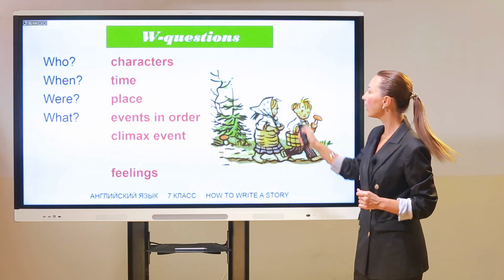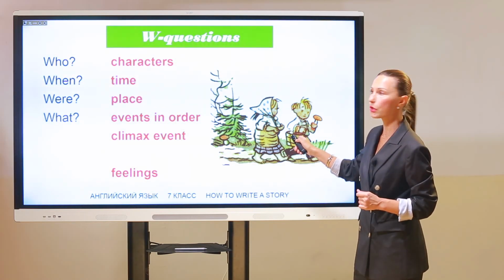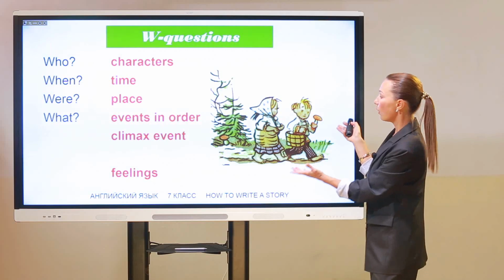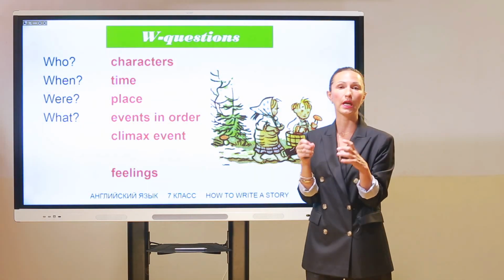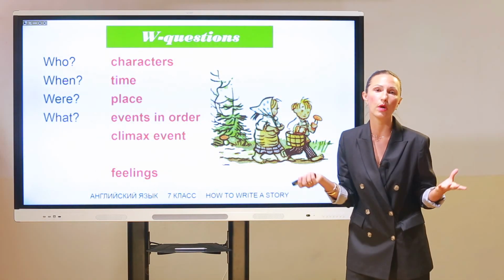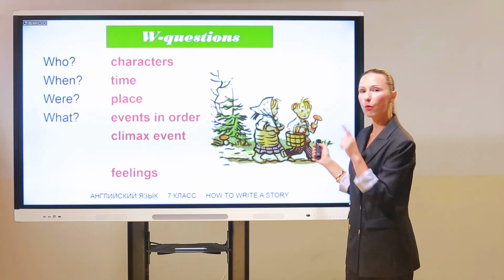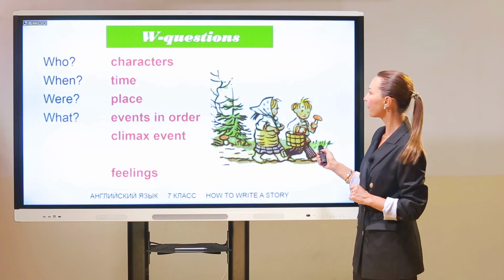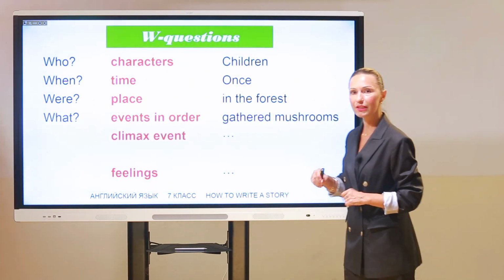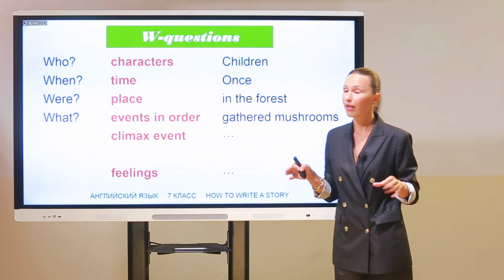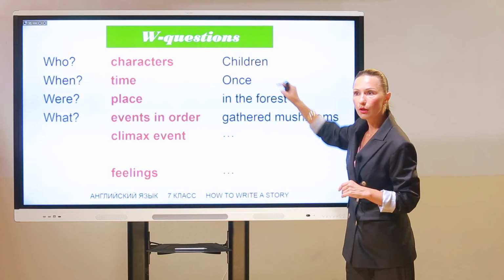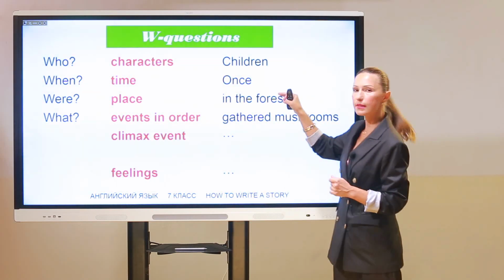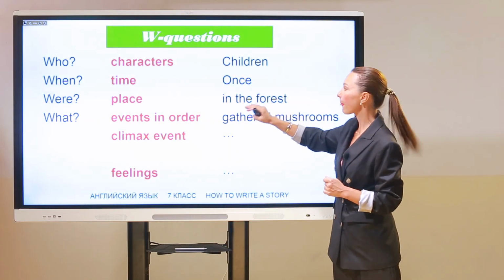So, who are the characters of this picture? When? When we don't exactly know, we can say once, okay? Once, one day. So, we'll try to answer these questions. Good. Characters of this picture are children. What time? I said once.